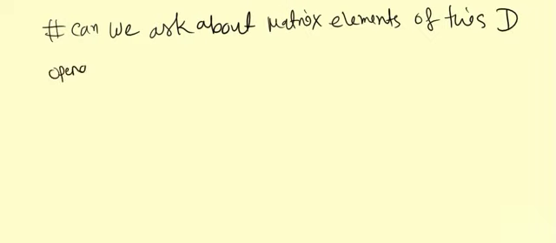Obviously it will contain an infinite amount of information, that is an infinite amount of entries, but it's not impossible to do that. So that's why we are asking, can we ask about matrix elements of this D operator in infinite dimension?